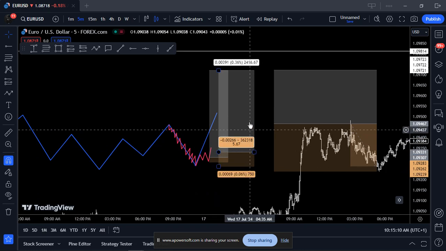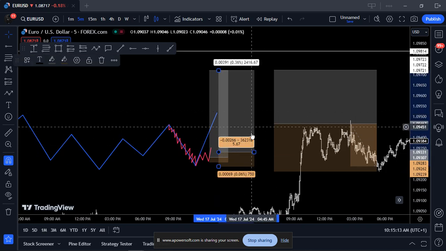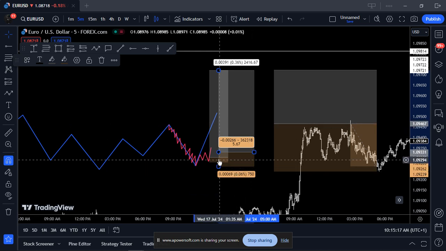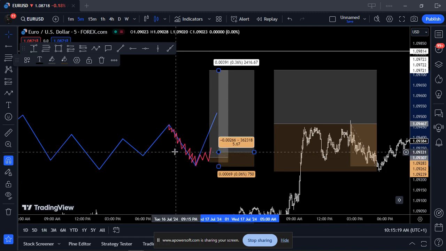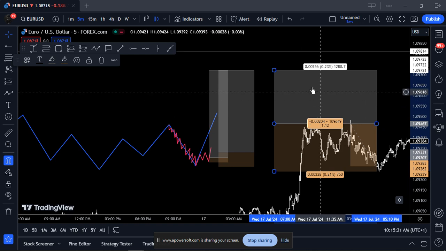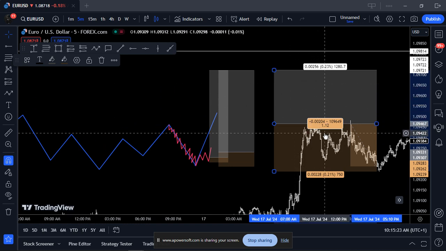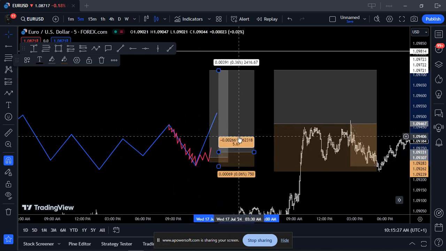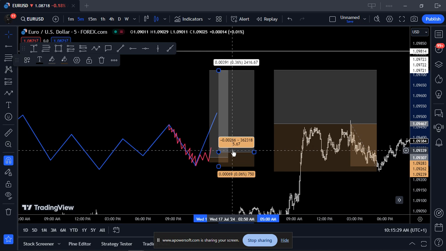Now, this one right here, in the middle, is what you get if you enter based on the 15 minutes time frame, and this one you get when you enter based on the 1 day only, a 1 to 1. You get this if you enter based on the 15 minutes and the 1 day together, a 1 to 5.67.